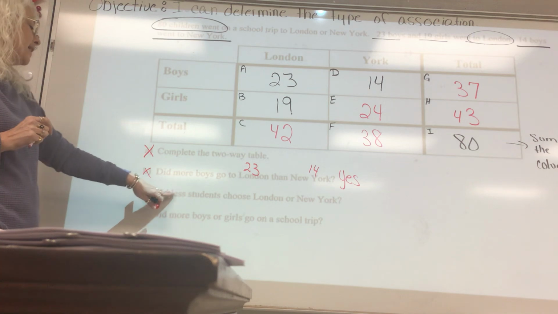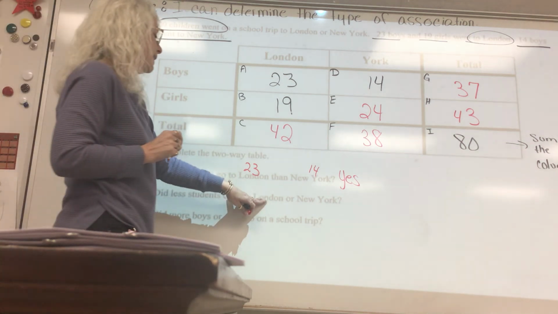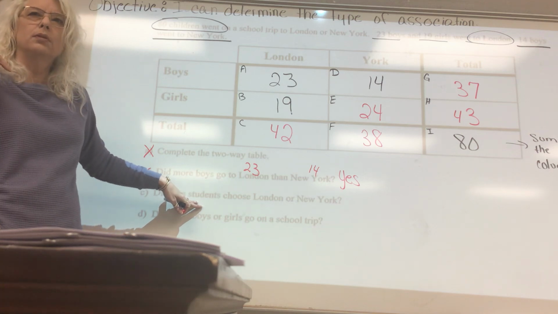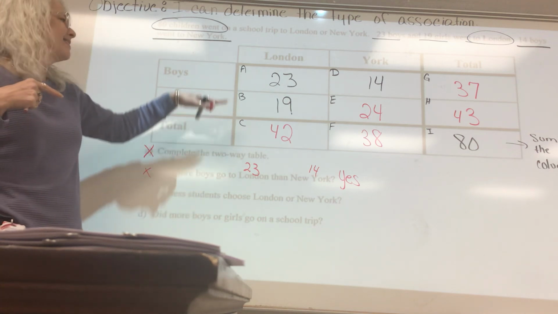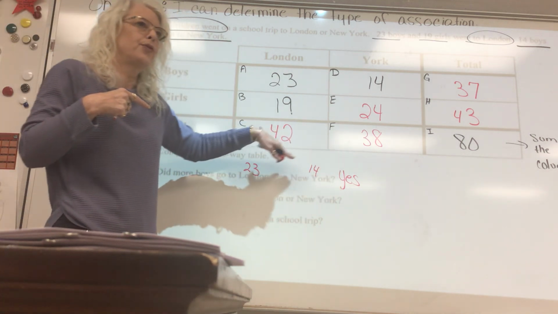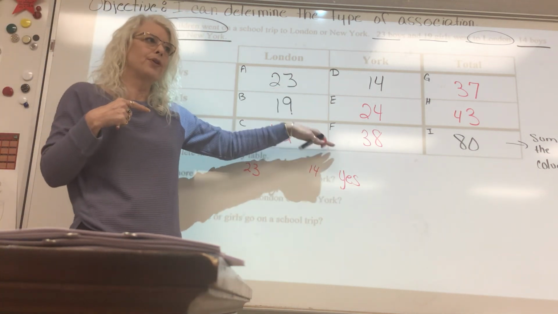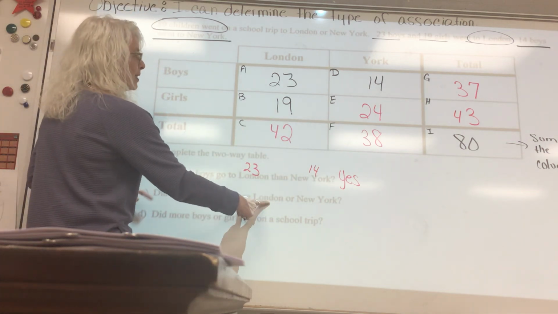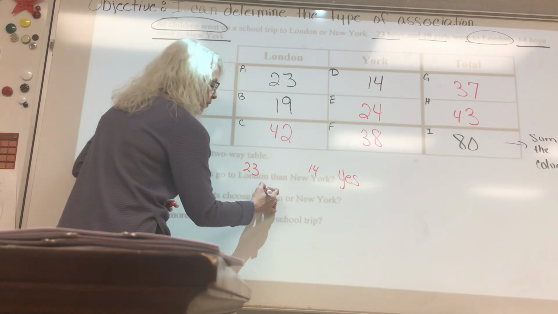Part C, did less students choose London or New York? So this says students, it doesn't say boys or girls, does it? So we're going to look at the total students, not the boys or the girls. So how many students chose London? 42.